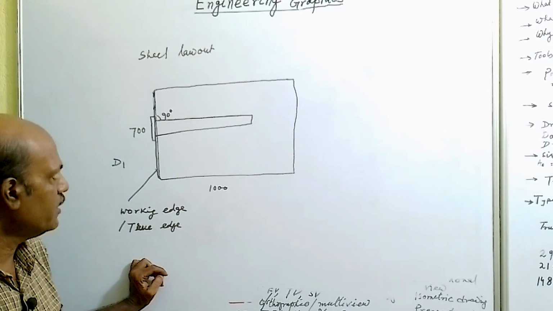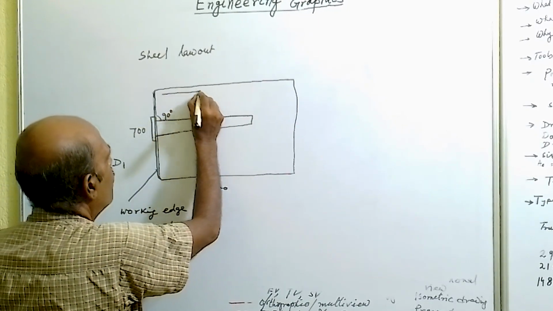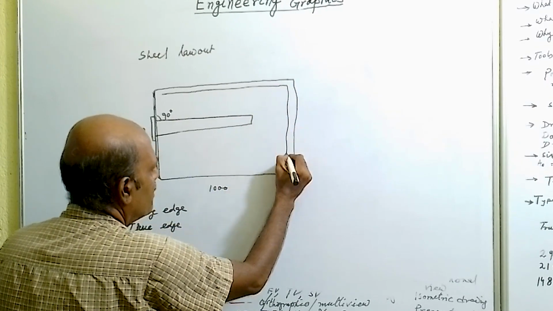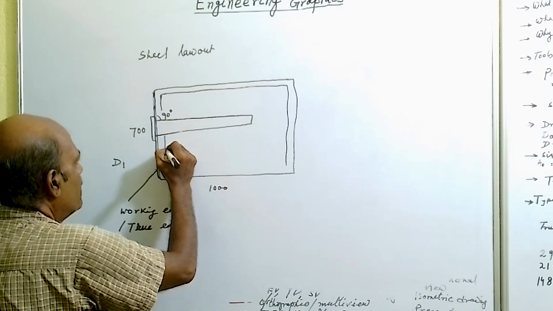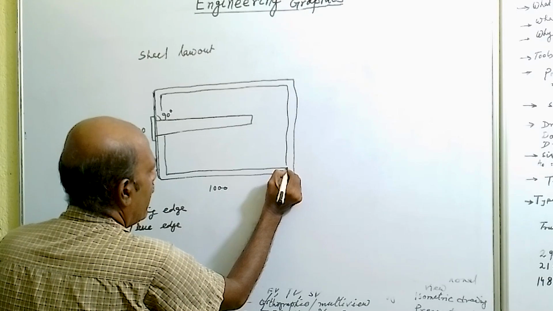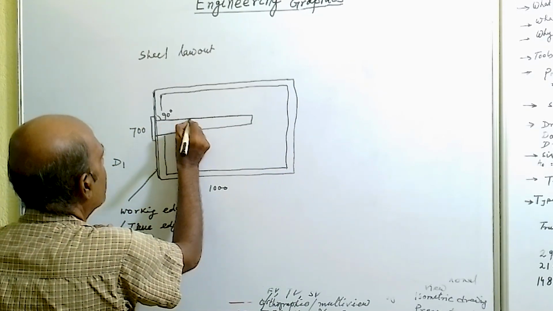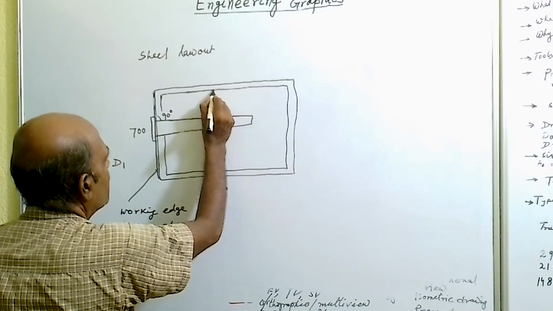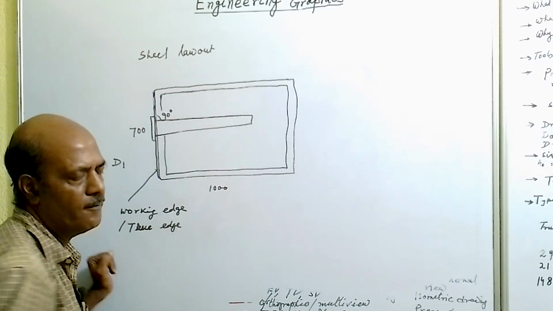Now to lay out the sheet, first place the sheet over the board, because the sheet is smaller than the board size. Then place your T square so that the upper edge of the sheet and the upper edge of the T square will be in one line.